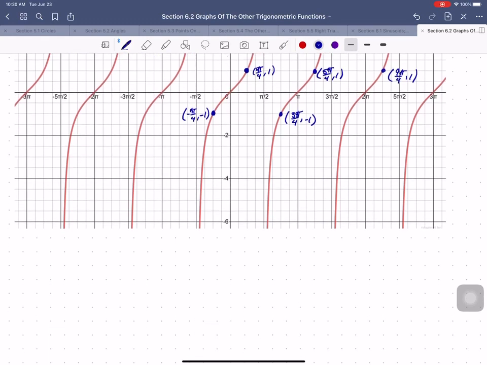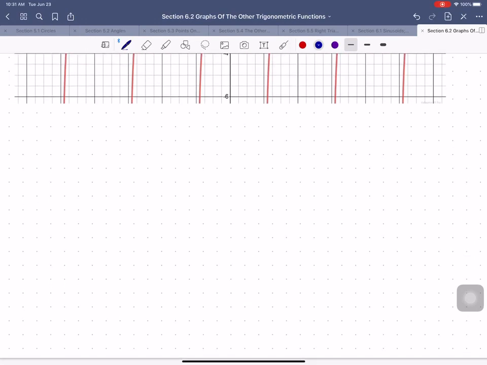So let's take a look at some of the transformations of tangent. Most of them function the way you would expect. In other words, you can have f of x equals a times the tangent of bx plus c.